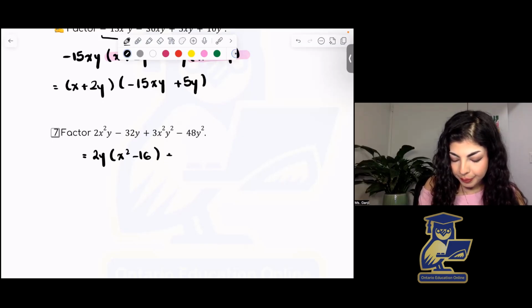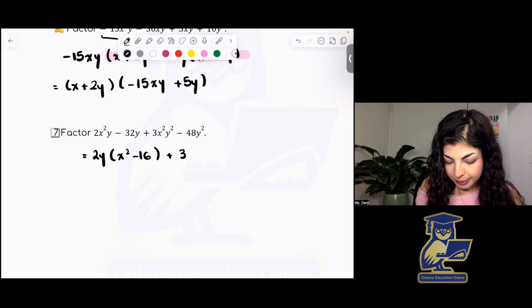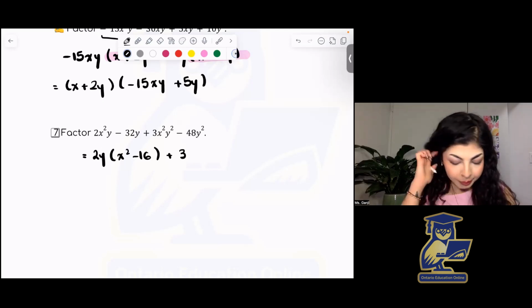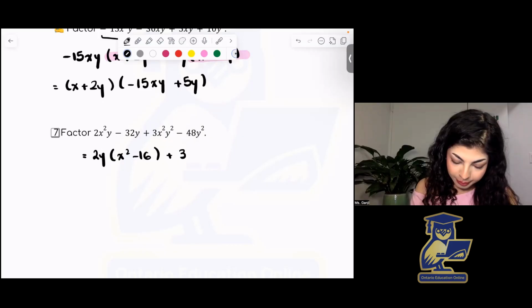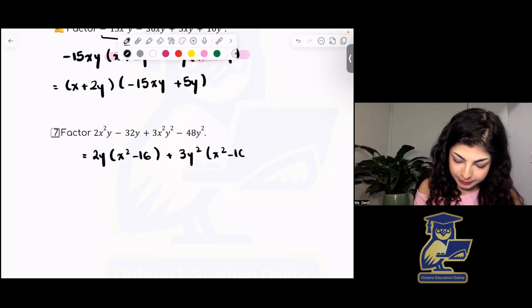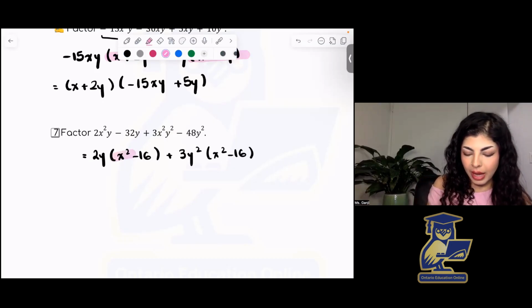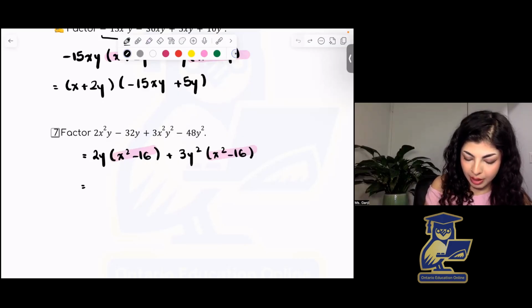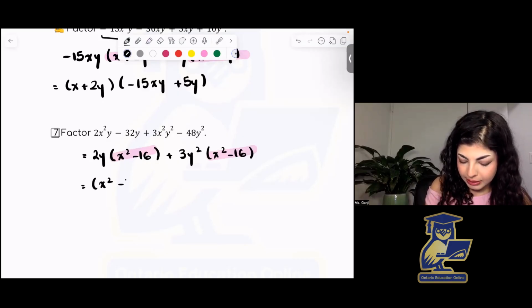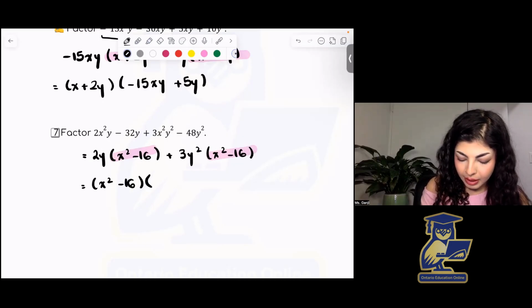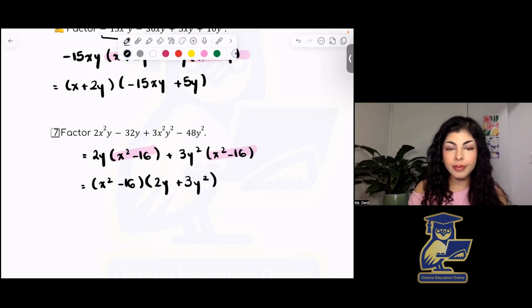And from the second two terms, we can also factor out 3y squared. And we get x squared minus 16. And so now we have this in common. So we factor out x squared minus 16 and 2y plus 3y squared.